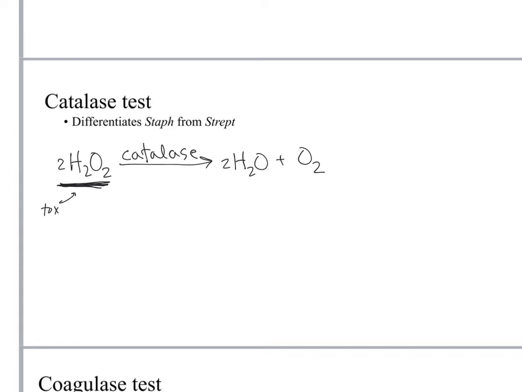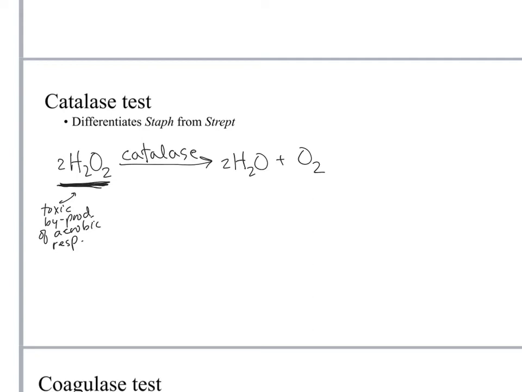Let's call it a toxic byproduct of aerobic respiration. Okay, so organisms that respire aerobically have to have some way to detoxify that. There are a couple different enzymes that do that. The Staphylococcus have catalase. Streptococcus have a different enzyme that we'll talk about next time.